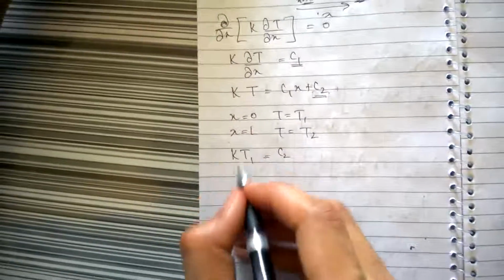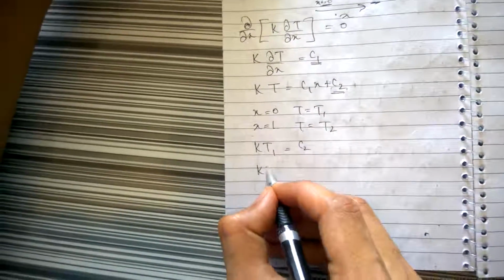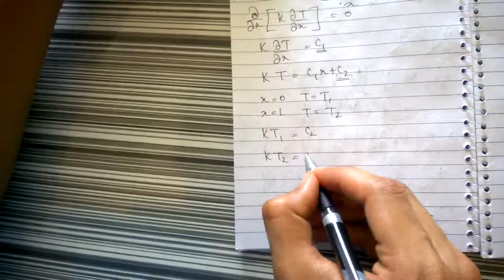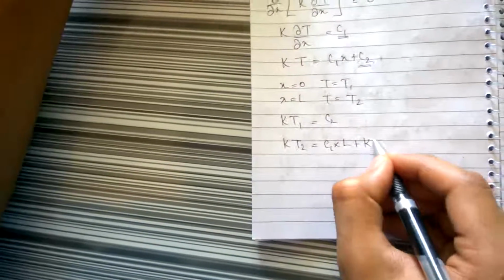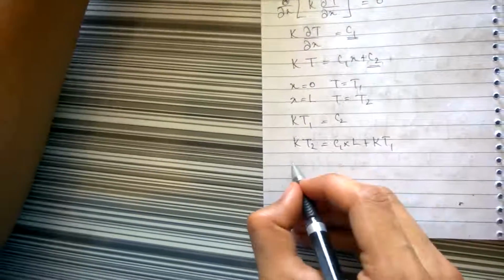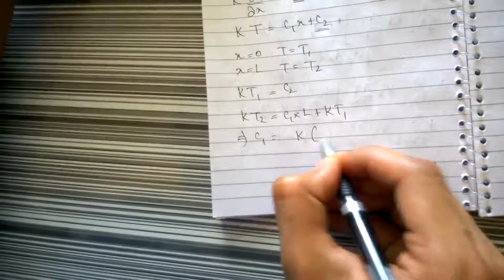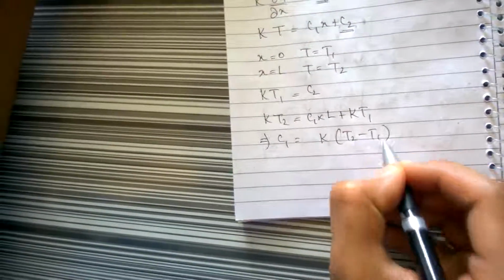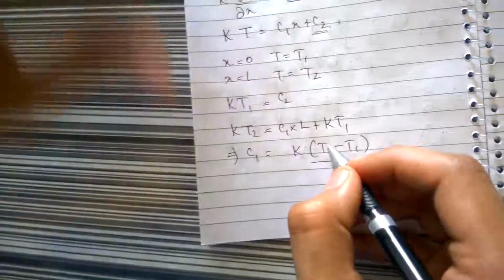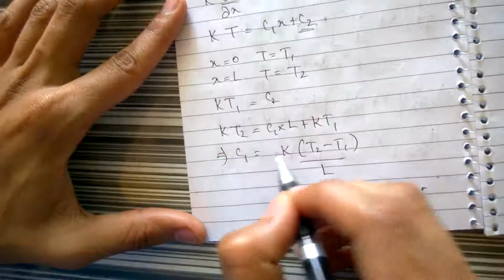Then we apply the second boundary condition, k into T2 equal to C1 into L plus C2, but C2 is k into T1, right? So we will get the value of C1 from here. C1 can be written as k into (T2 minus T1) by L. Now we have both the values of C2 and C1.